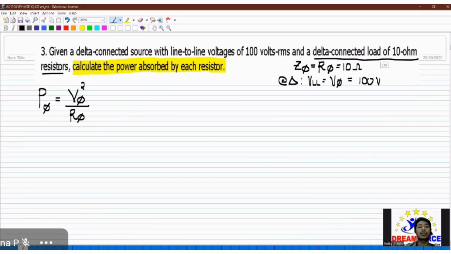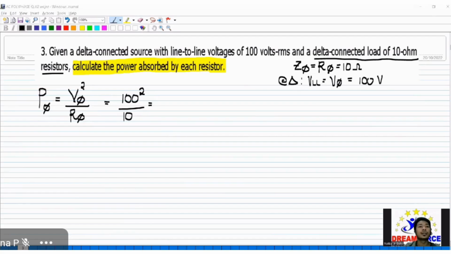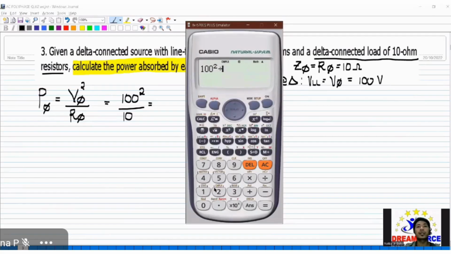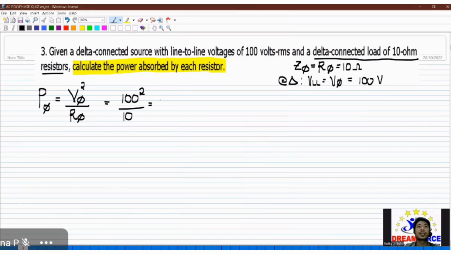No need with the angle pag nagsasolve po tayo ng real power, hindi mo na kailangang ilagay si angle. So from here, direct sub. We have 100 squared divided by your resistors, which is 10. So direkta, 100 squared over 10. So answer there is 1,000 watts.